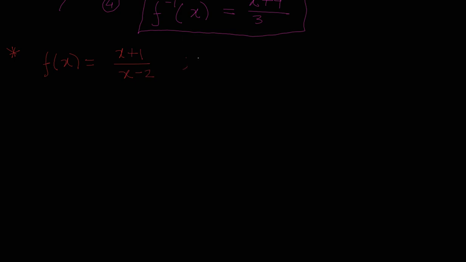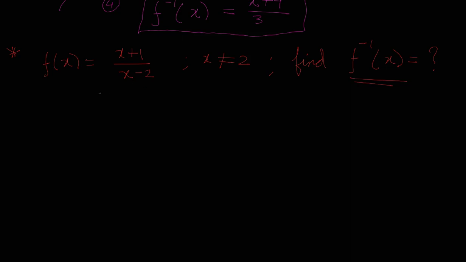Of course in this equation x cannot be equal to 2, because if x equals 2, then the denominator will be 0 and it will not be computable. So I was given a function f of x which is (x plus 1) over (x minus 2). Now what is my objective? My objective is to find the inverse of this function, f inverse x.